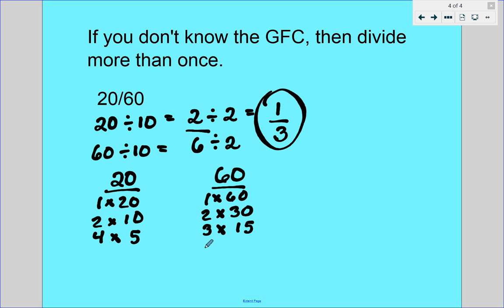Can I do 4? Yep. If we divide it by 4, let's see what we get. Oops, I meant to do 3 times 20. Sorry about that. 3 times 20, 4 times 15, and then 5 times 12.